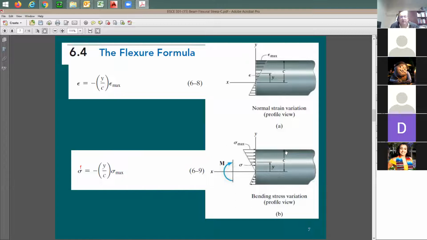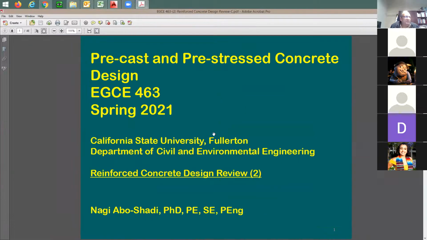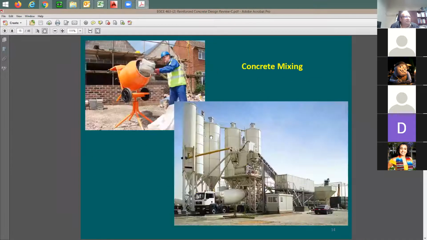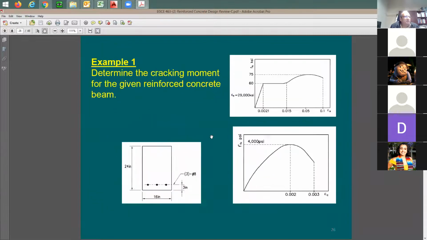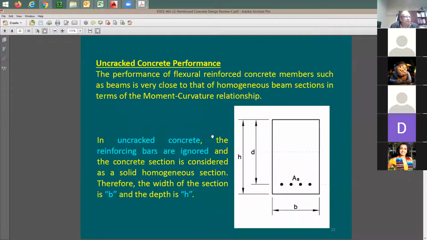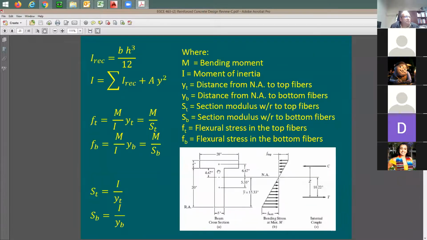And this is the reason that we have y top and y bottom. Someone's going to say, what's y top and what's y bottom? I'm going to say, you know what? Let's just go here to this review that we have done last time. Let me go here to y top and y bottom. You see this y top? What is y top? The distance from the neutral axis to the top, all the way from here to there.